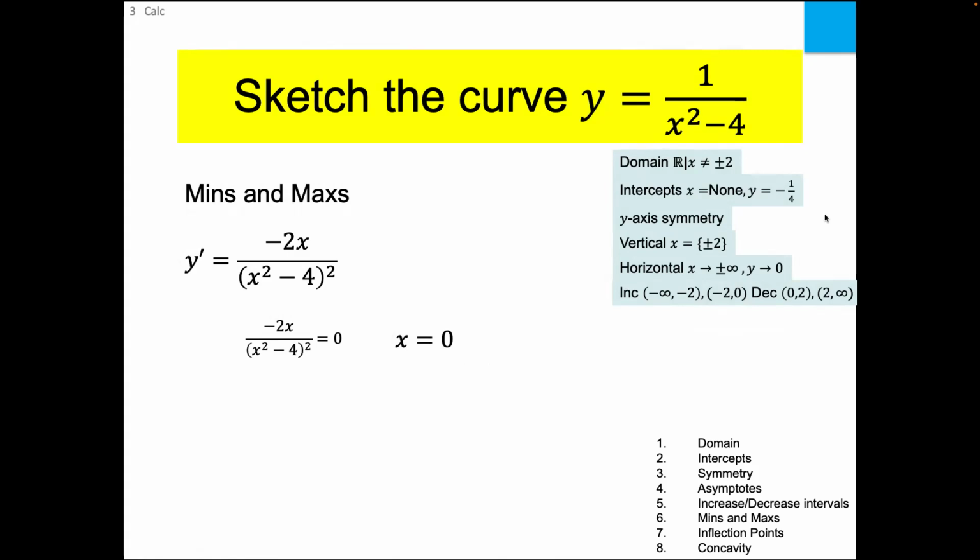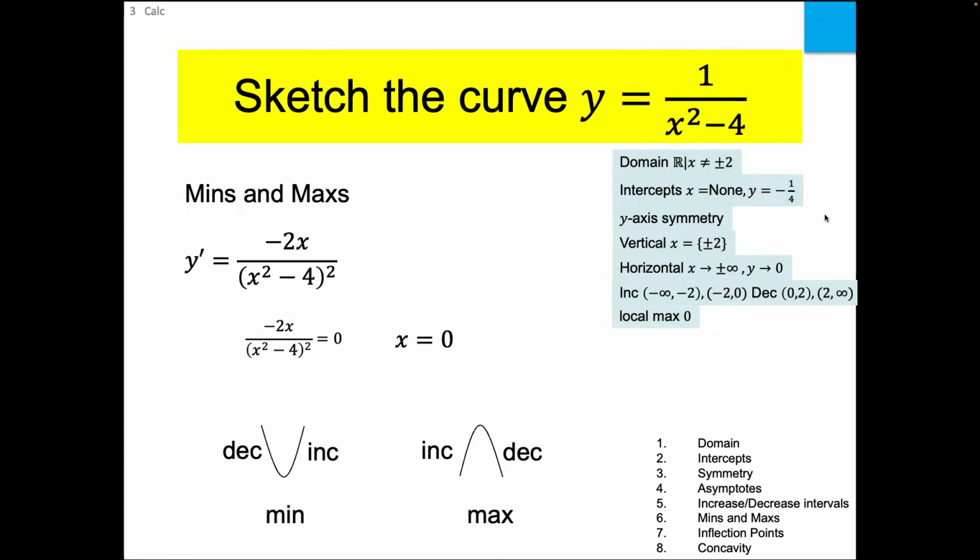To the left of 0, from -2 to 0, it's increasing, and to the right, it's decreasing. I'm drawing increasing, increasing, decreasing, decreasing with my laser pointer. Then 0 is a max. Okay.